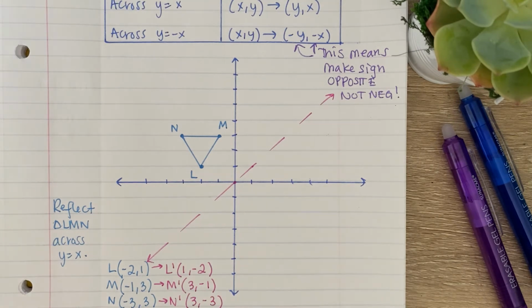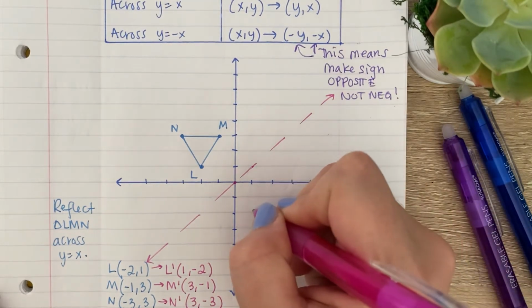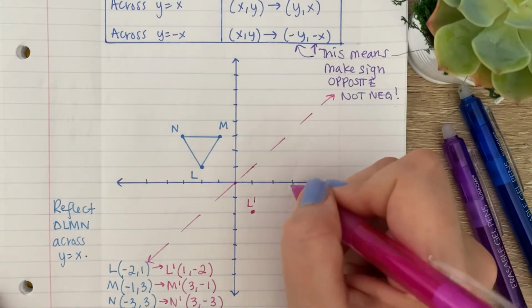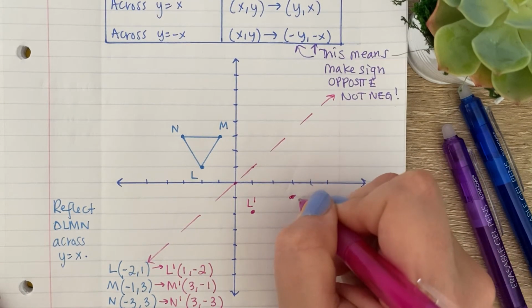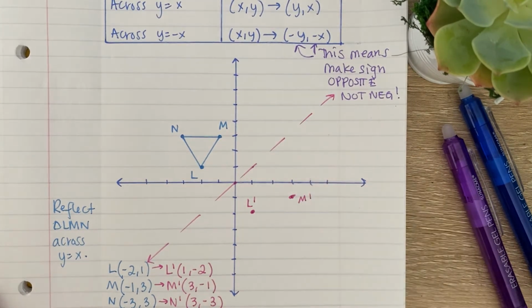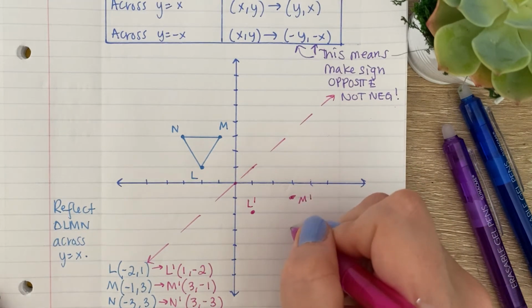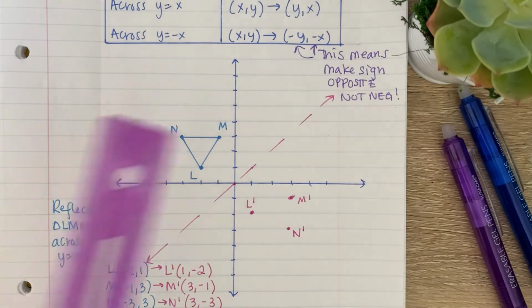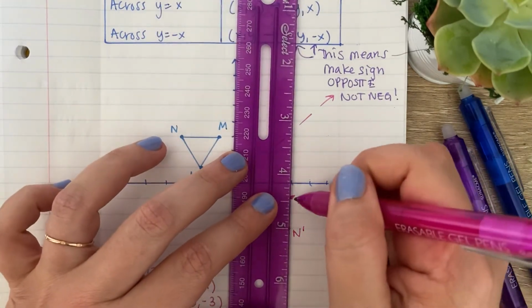And then I'm going to go ahead and plot those points. So 1, -2 is right here. This is L prime. 3, -1 is right here. This is M prime. And 3, -3 is right here. This is N prime. I'm going to go ahead and connect the dots.